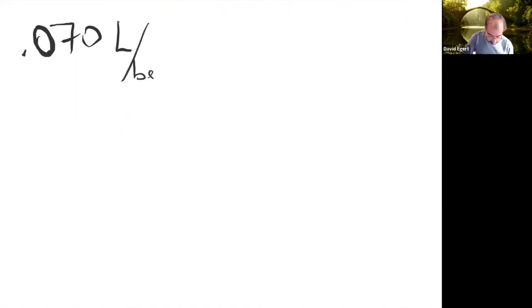If I have 70 mils, that's actually 0.07 liters per beat times 70.